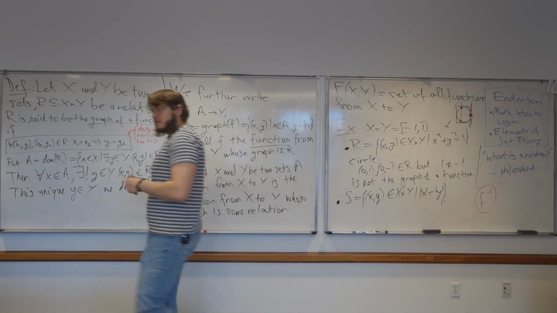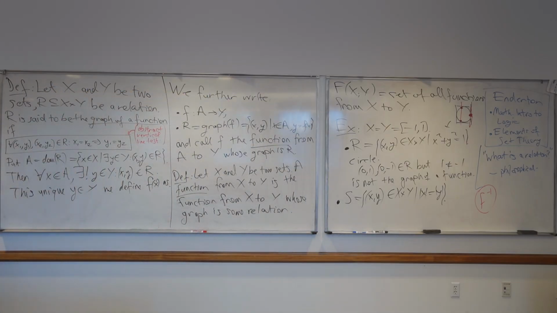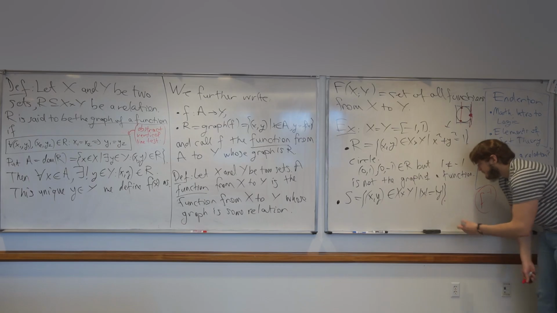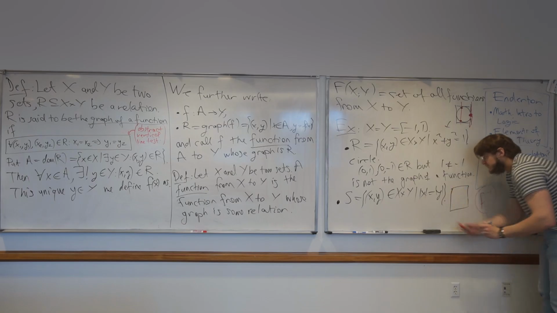Now if you try the same thing, this time you're going to realize this guy satisfies the property of being the graph of a function. Except it doesn't. I lied, because when you think about how this looks, this was a cross.